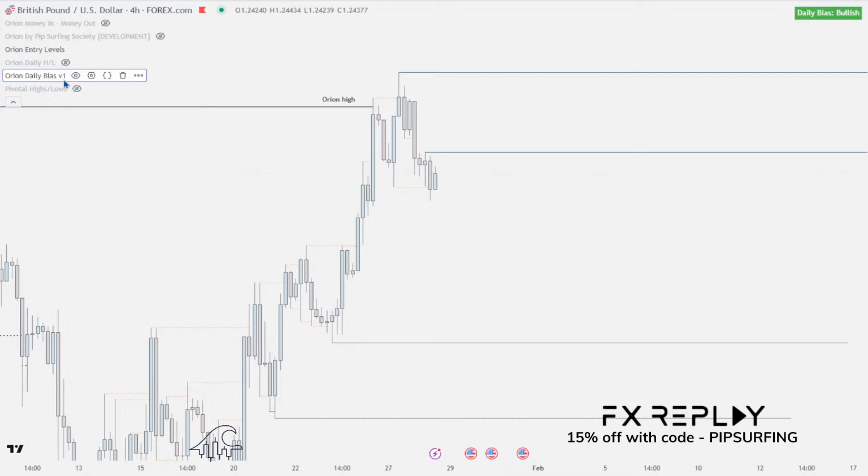So if you would like early access to the daily bias indicator to help us test it and debug it, then please let us know because we are looking to give access to some trusted members.